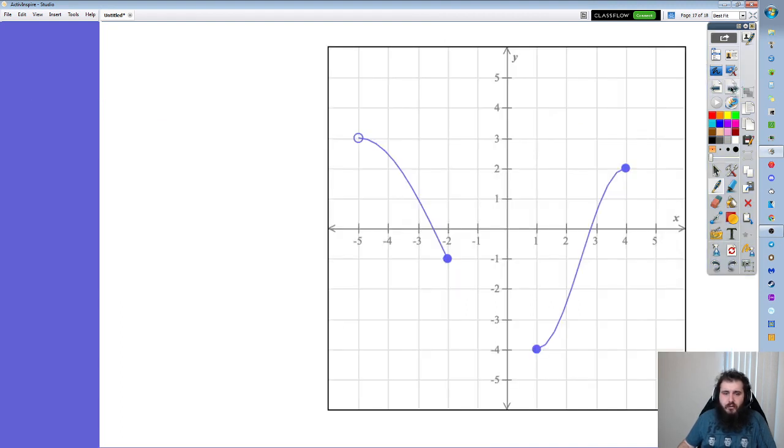Take a look at this one. So now, the x values are the ones where there's a big gap, right? So let's take care of the x values first. We got an open circle at -5, and it has no other x values.